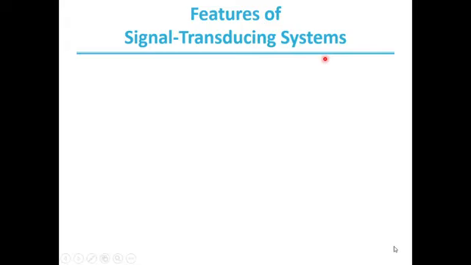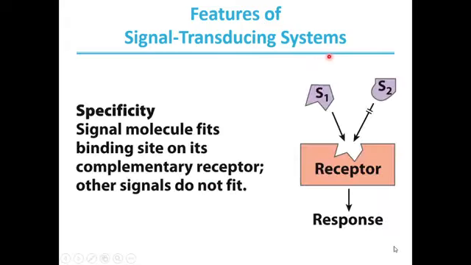Let us discuss some features of signal transducing systems. Signal transductions are remarkably specific and exquisitely sensitive. For example, specificity is achieved by precise molecular complementarity between the signal and receptor molecules.